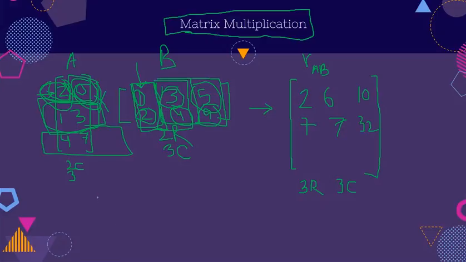First it is 4 into 1 plus 7 into 2, which gives us 4 plus 14, 18. Then we have 4 into 3 plus 7 into 4, which gives us 12 plus 28, which is 40.